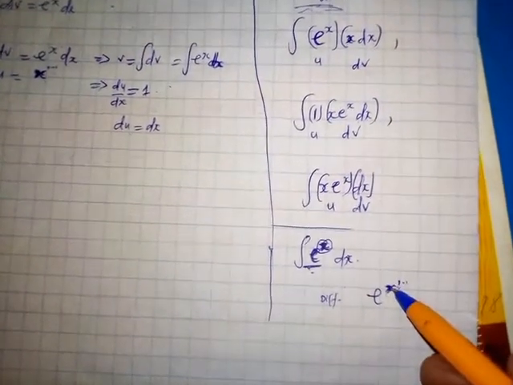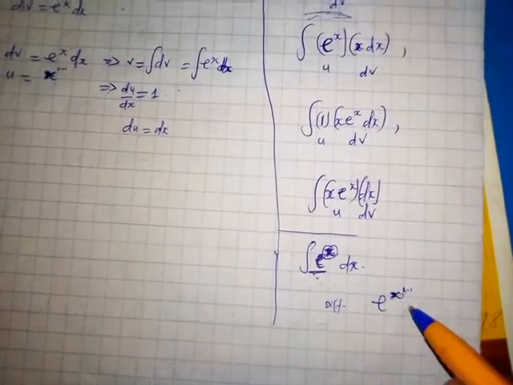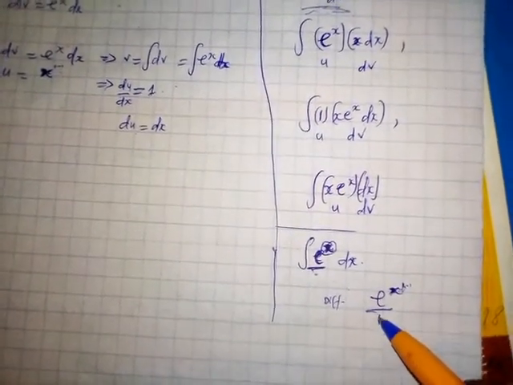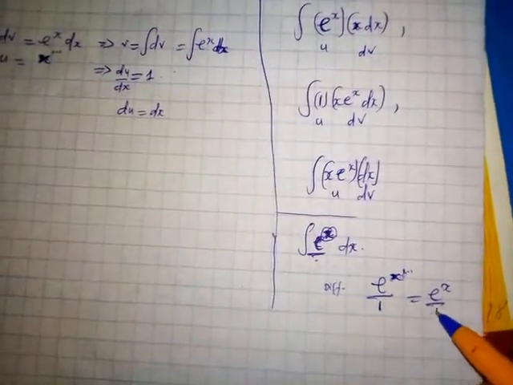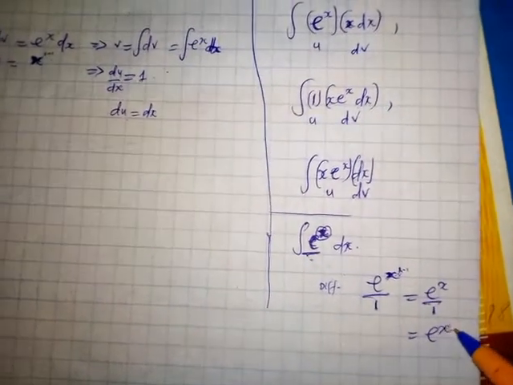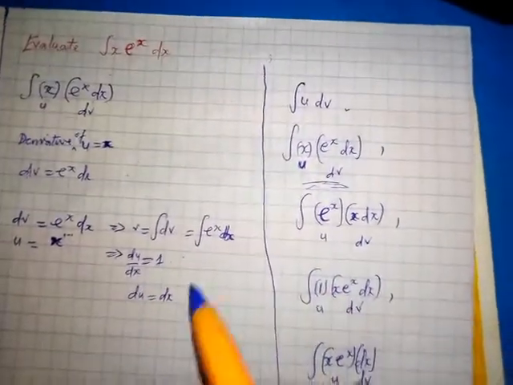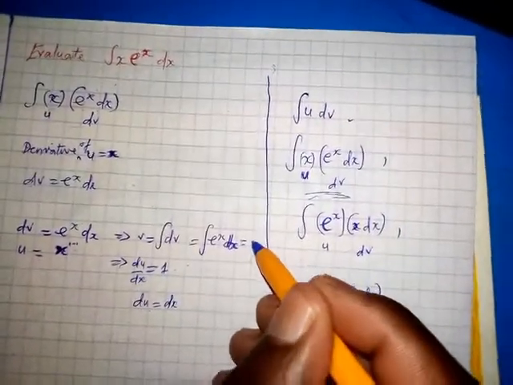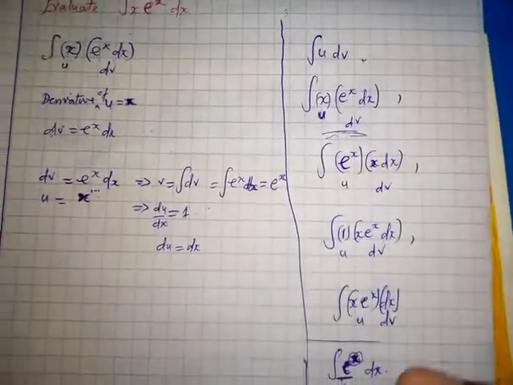So the differentiation of x is 1. We divide e^x by that 1, so we get e^x over 1, which is equal to e^x. So our v will be equal to e raised to power x.